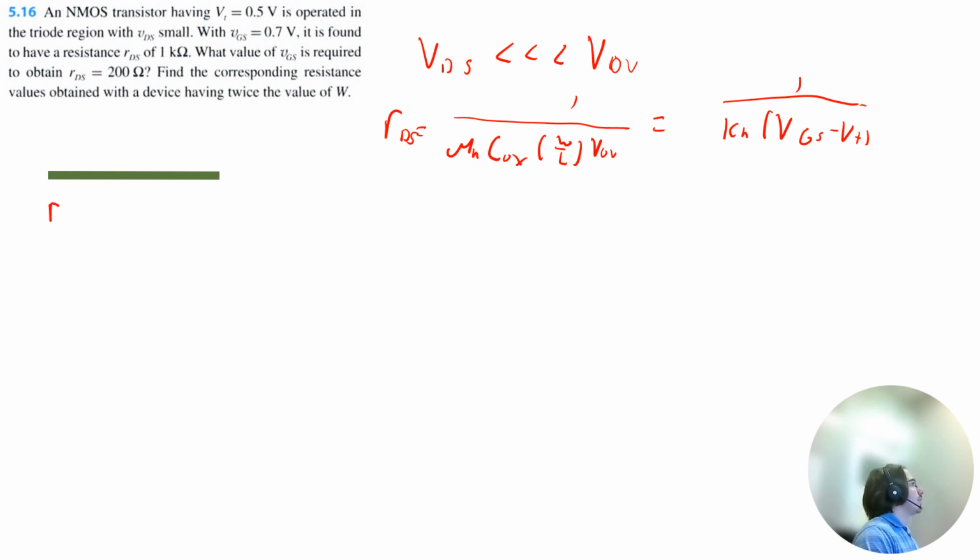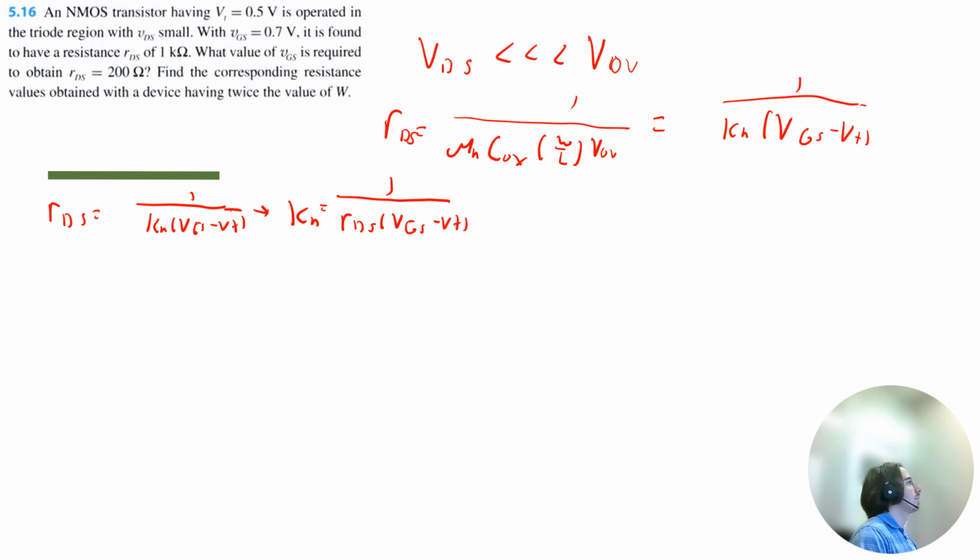So I have, once again, RDS equal to 1 divided by Kn times VGS minus VT, and I want to solve for Kn. So we're just going to flip Kn and RDS, right? So Kn is equal to 1 divided by RDS times VGS minus VT.